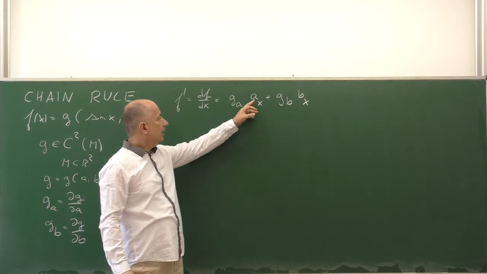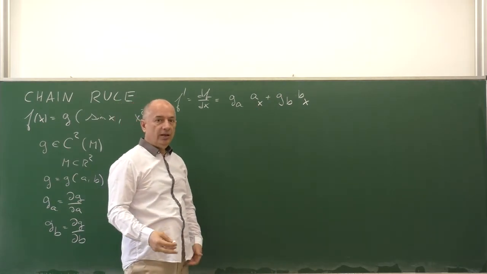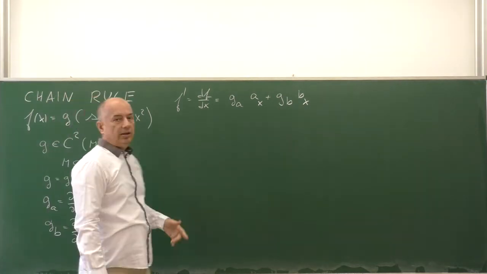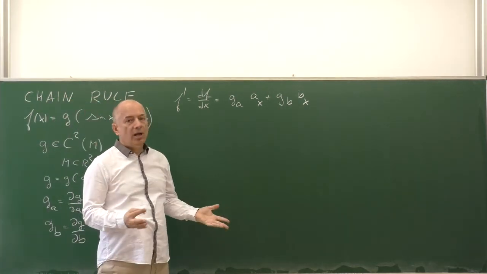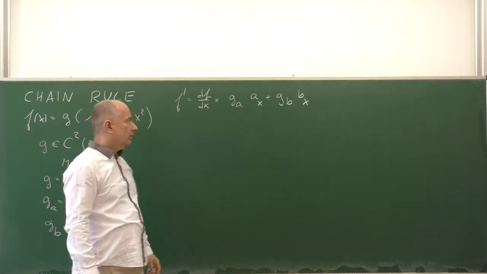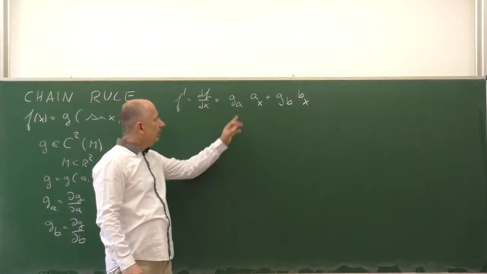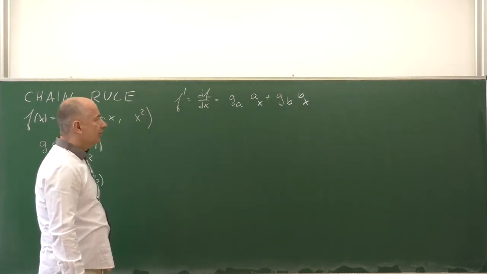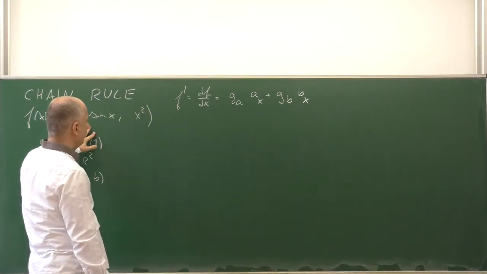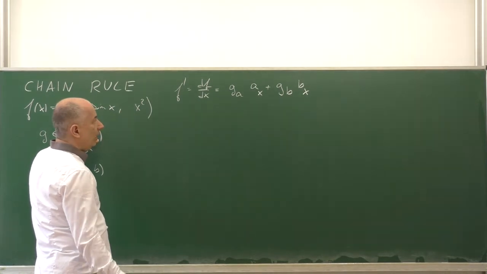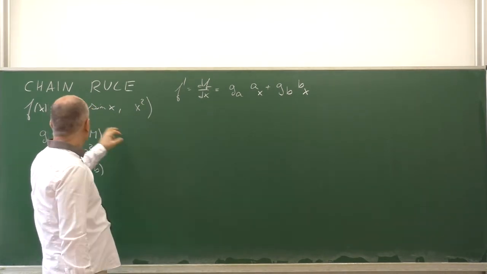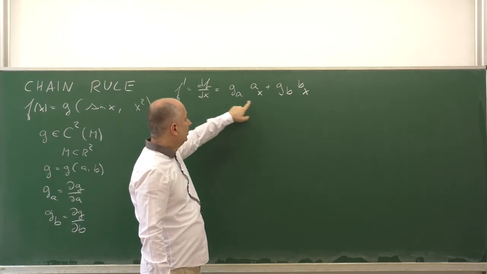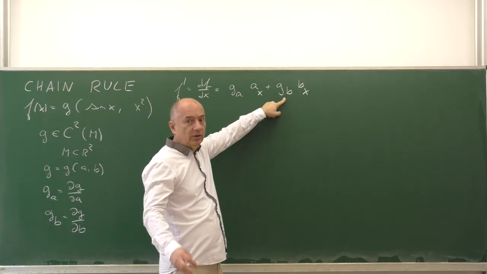And here again, ax is the derivative of a with respect to x, and a is sine of x, and it has just one argument, so a prime would be a good symbol as well. But written this way, it looks nice. Well, and if we don't have the formula for g, then we cannot simplify ga and gb. We just have to leave it this way.